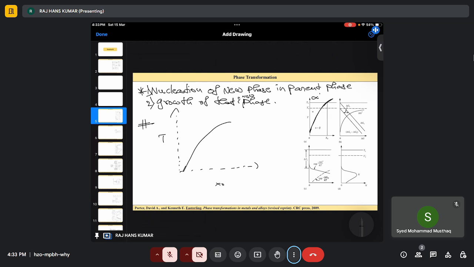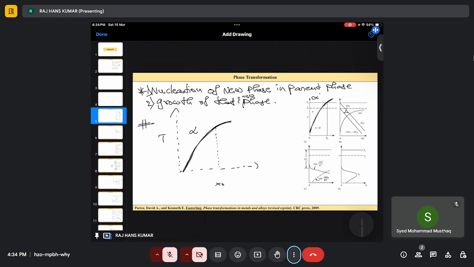So this is my equilibrium separation line between two phases. Suppose this is my alpha, and let's say it is transforming into alpha plus beta, right?